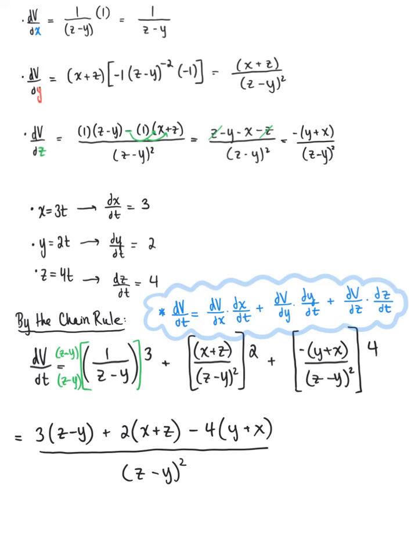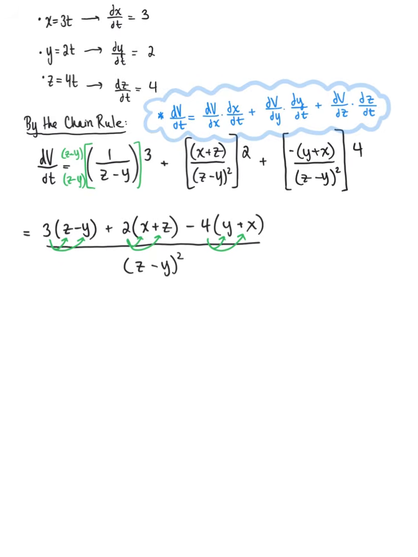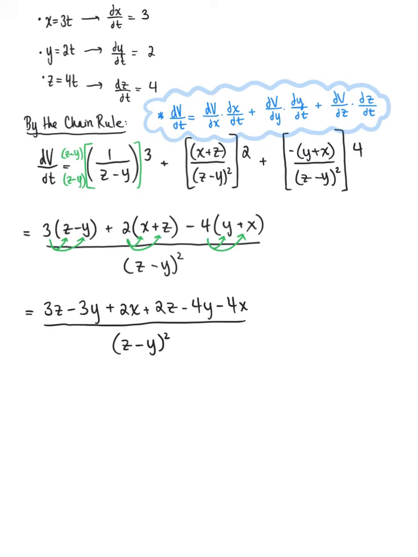And so before we go ahead and reparameterize this, let's simplify a little bit further. We can distribute each one of these constants through and then group up our like terms. So distributing those scalars through, we have 3z minus 3y plus 2x plus 2z minus 4y minus 4x, all divided by z minus y squared.